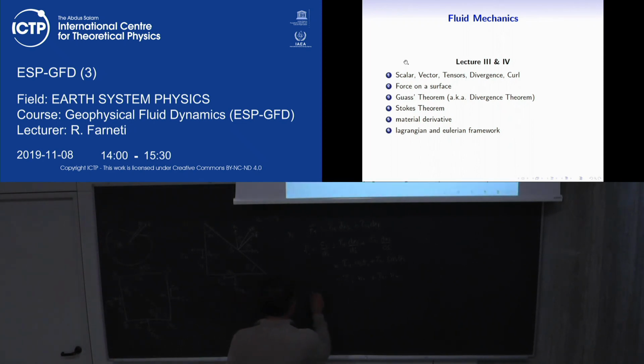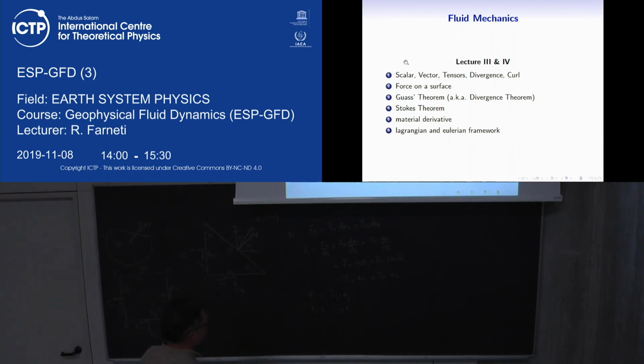So f1 is going to be tau j1 nj, and j is summed from 1 to 2 in this two-dimensional case. And you can do the same for f2, which is going to be tau j2 nj.